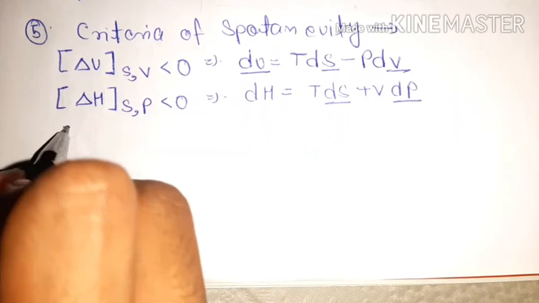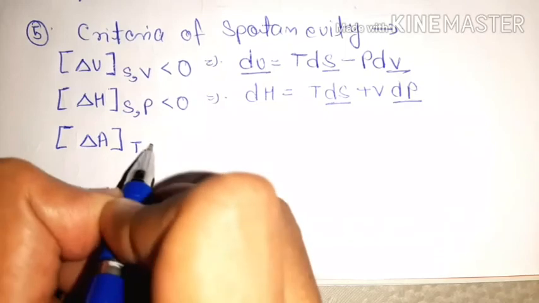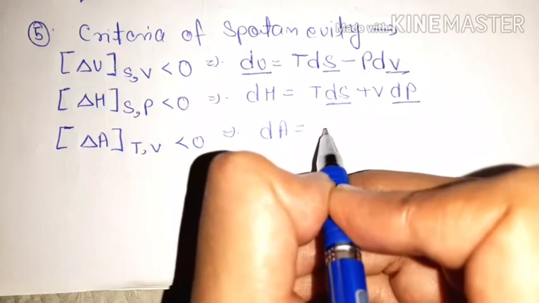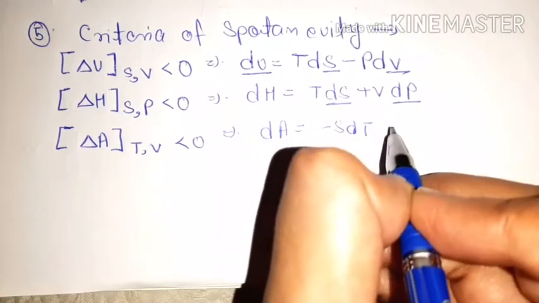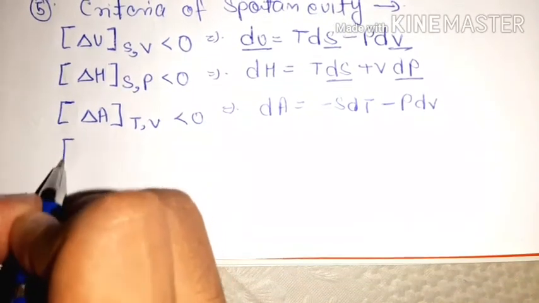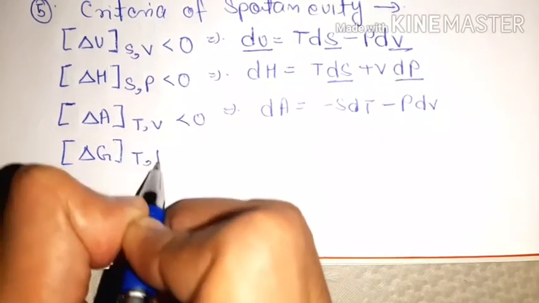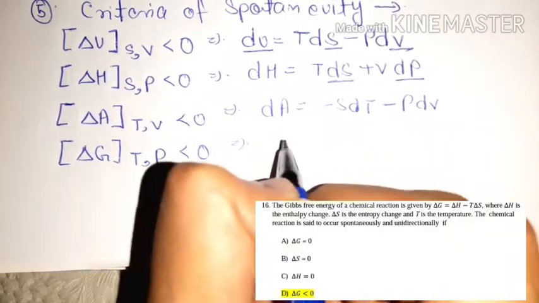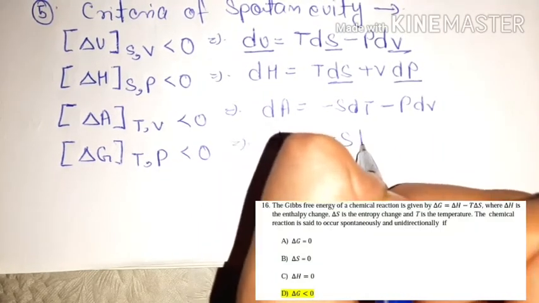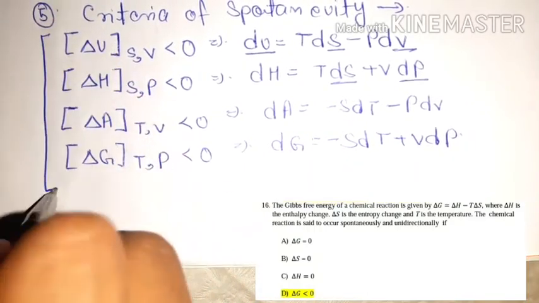The third criterion of spontaneity says that delta A, the Helmholtz free energy, at constant temperature and volume is less than 0, and this comes from dA equals minus SdT minus PdV. And the last one says that delta G at constant temperature and pressure is less than 0, which comes from the last fundamental equation, dG equals minus SdT plus VdP. Okay, so these all are criteria of spontaneity.